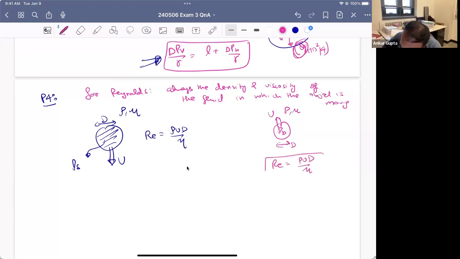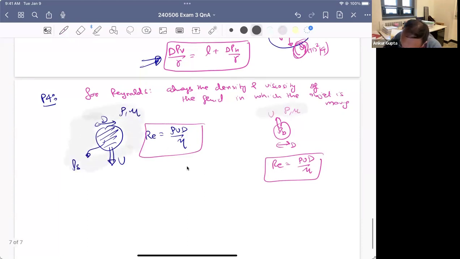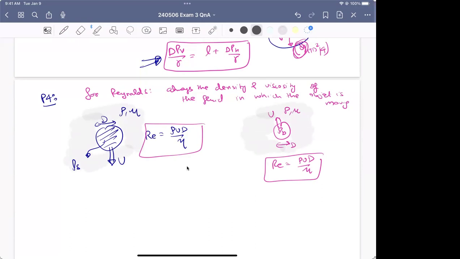So in both cases, the Reynolds number uses the fluid that is outside. You never take the viscosity and density of the object that is moving. It's always the surrounding media, because that's what is critical. So make sure to use it for the fluid in which the flow is happening. Make sense? Yeah, makes sense.